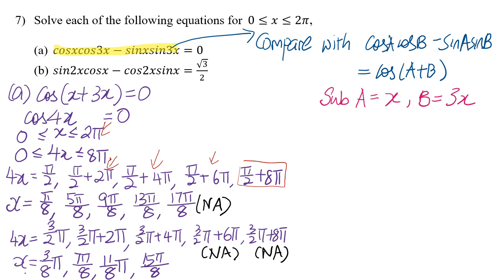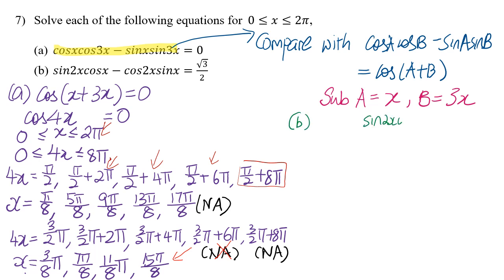Okay, there's a typo here. This answer, 3 over 2 pi plus 6 pi, is actually the answer for 15 pi over 8. So only the last answer is rejected. Okay, so that's how you solve 7a.